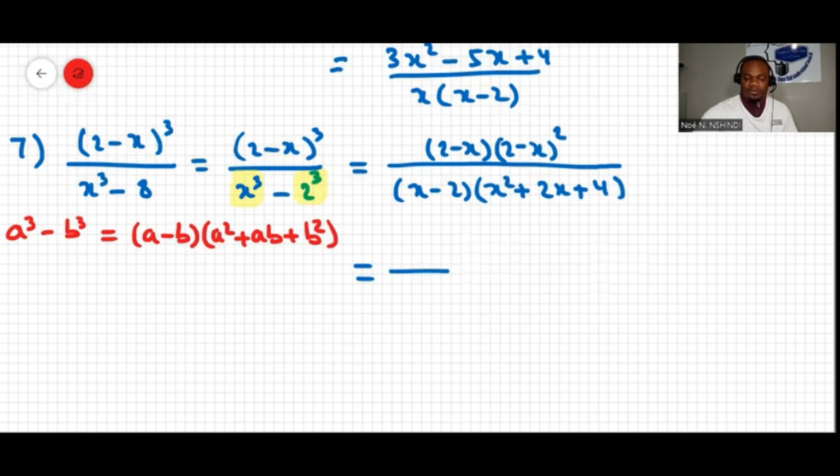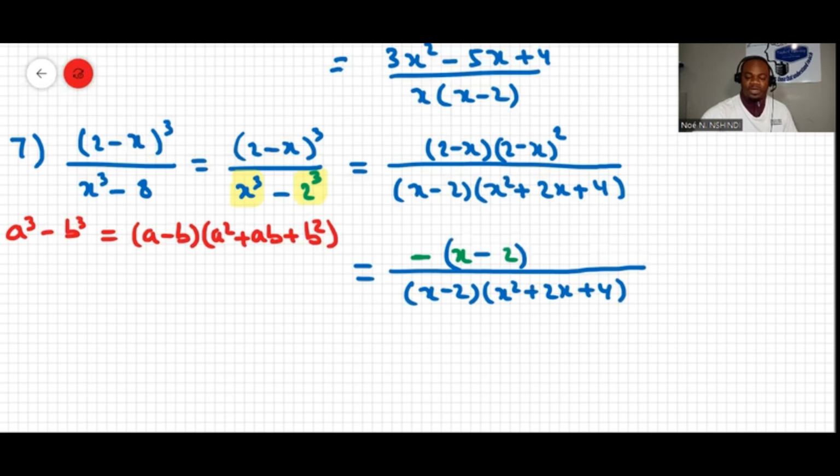Let's start with the denominator. So we have x minus 2 and then x squared plus 2x plus 4. And then at the numerator I'll put a negative sign there, and then I will switch the terms within the brackets. It becomes x minus 2 and then 2 minus x raised to the power of 2. Then we can simplify this and that.